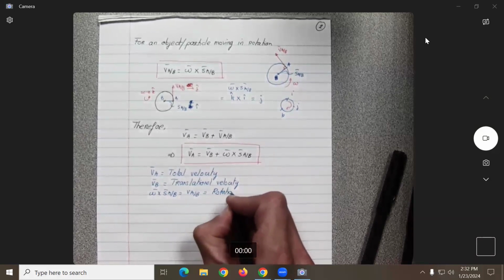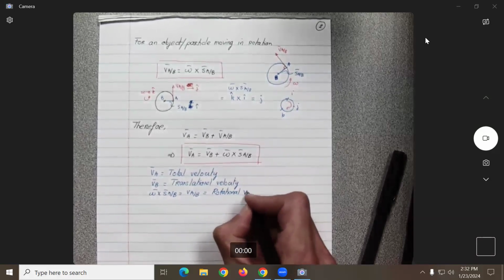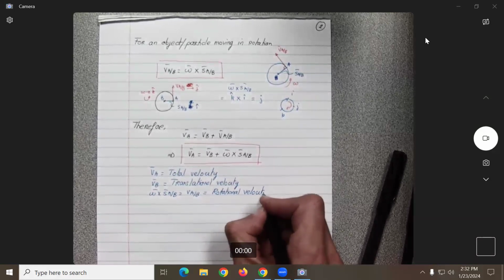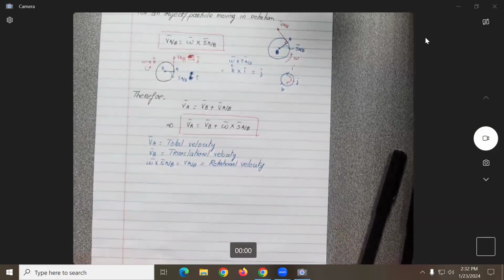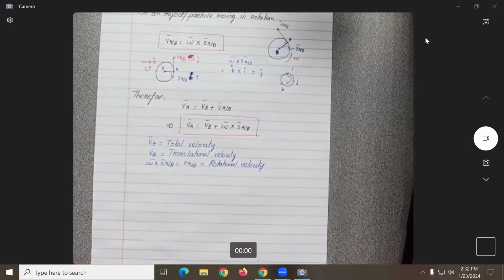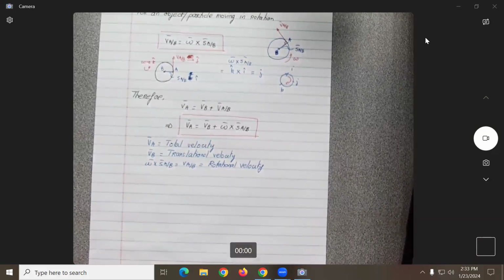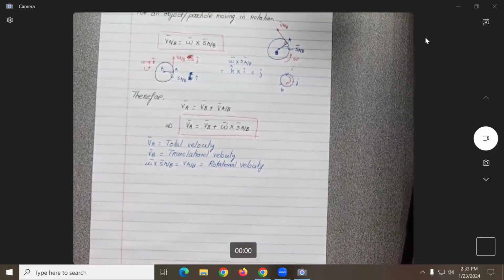Rotational velocity. Okay, so the math is working, no? It's giving us one component for the rotation, one component for the translation.